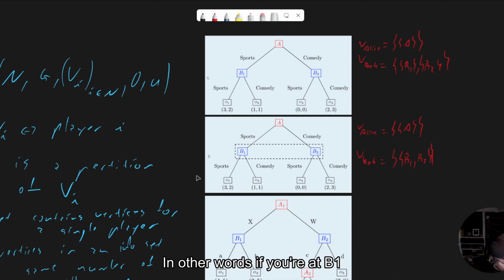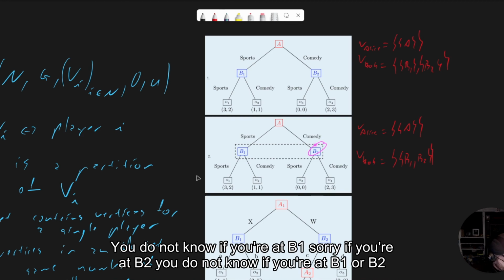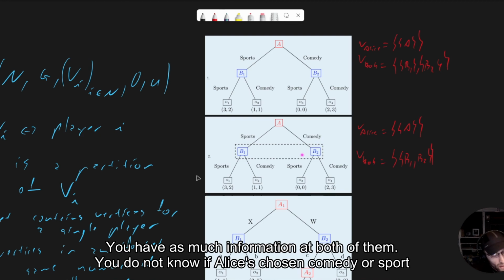In other words, if you're at B2, you do not know if you're at B1 or B2. You have as much information at both of them. You do not know if Alice has chosen comedy or sport.